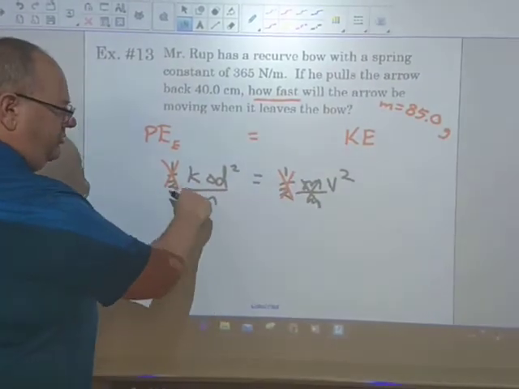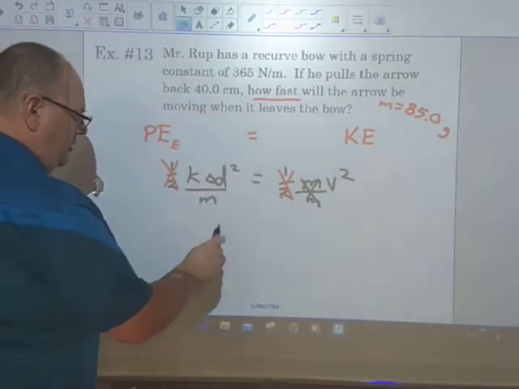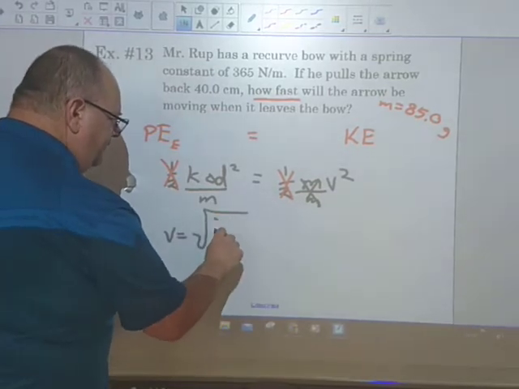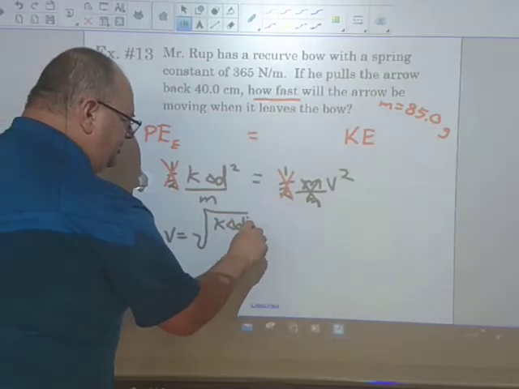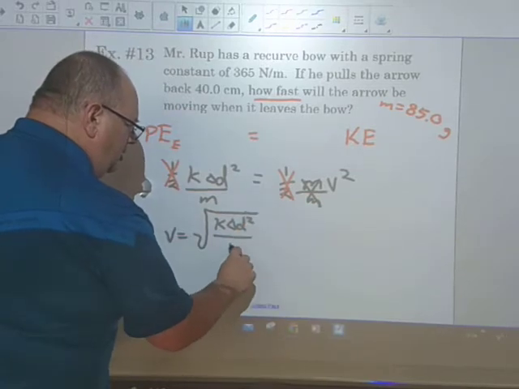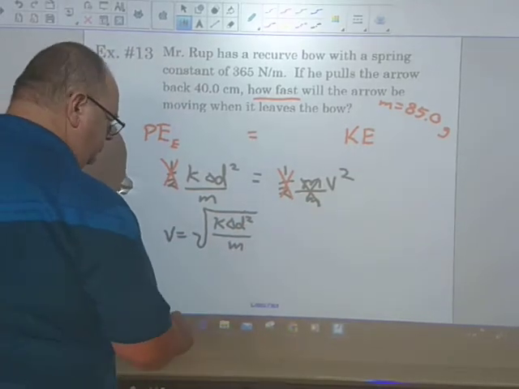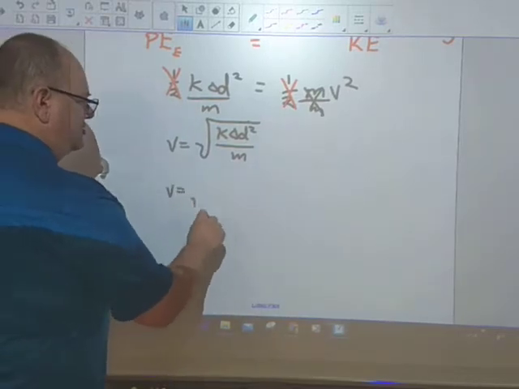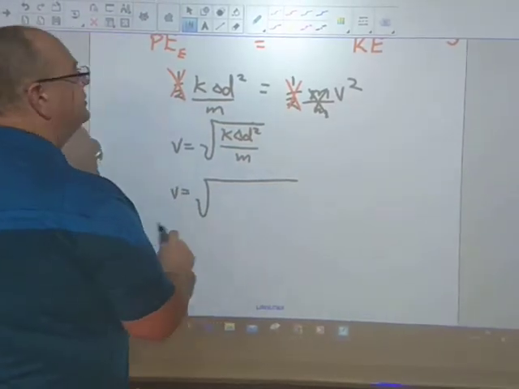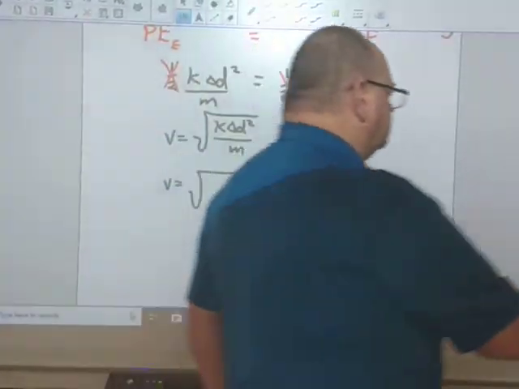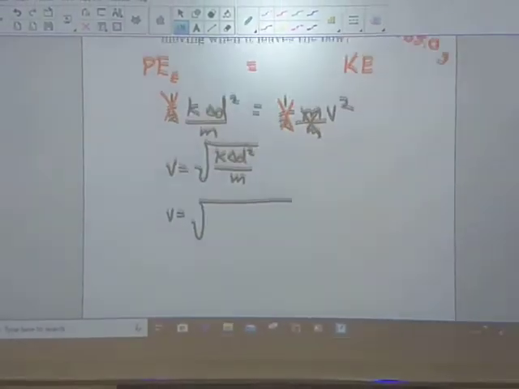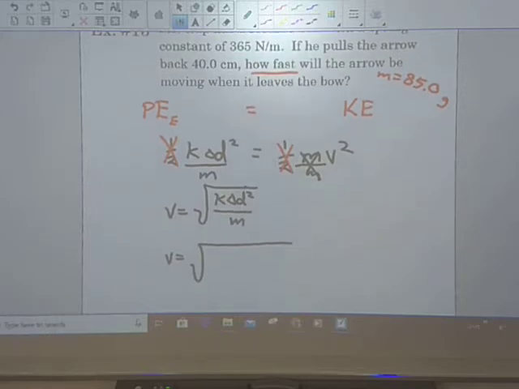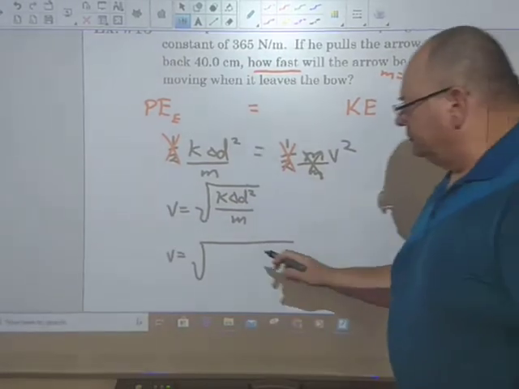So v squared equals k delta d squared over m. v equals the square root of k delta d squared over m. Okay? v equals square root of spring constant, 365 newtons per meter.